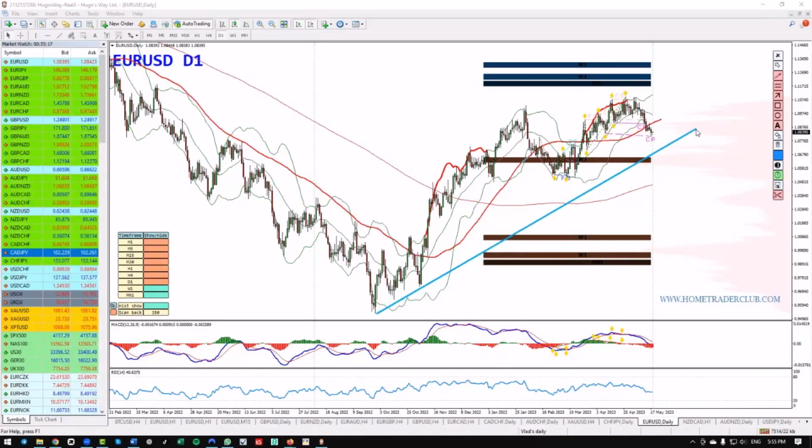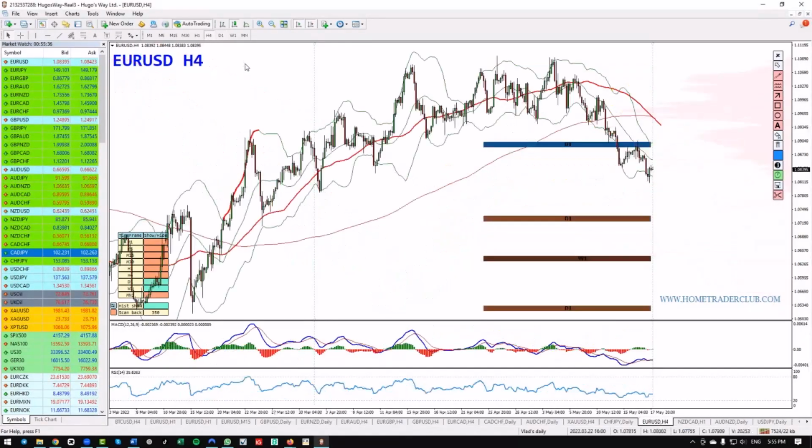So we do have this rising supportive line, and of course afterwards, if that breaks, we have these significant lows together with the volume, which should act as a good zone for the final supportive area on this drop. So the way I see that, I'm not convinced that it's ready for a major move down.